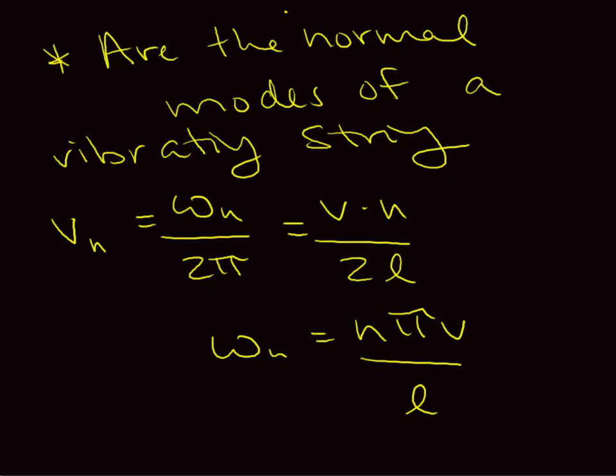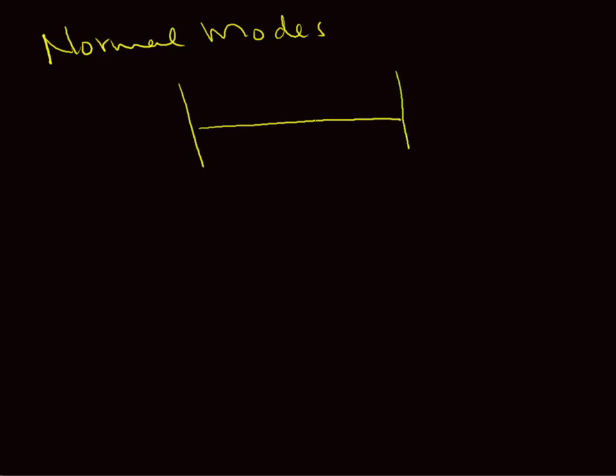And this looks like, when we actually draw it, something very, very elegant. These normal modes look like this. We've got our guitar string, and when n equals 1, the normal mode is a fundamental mode.